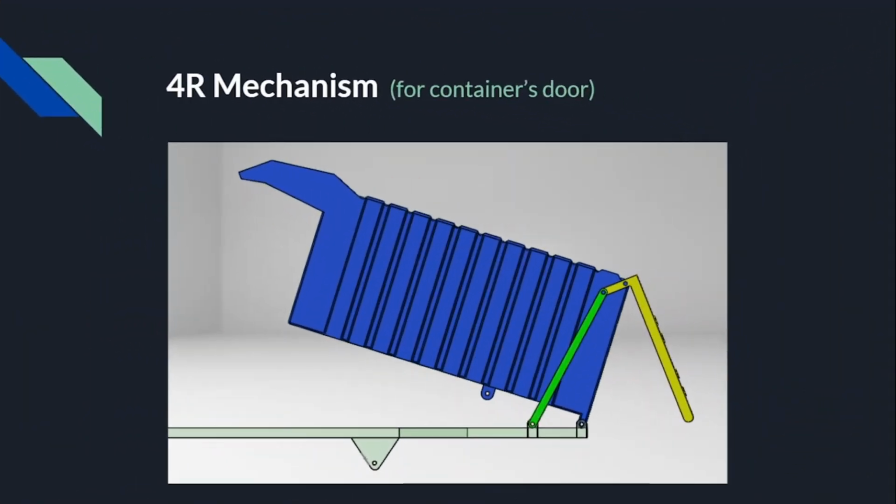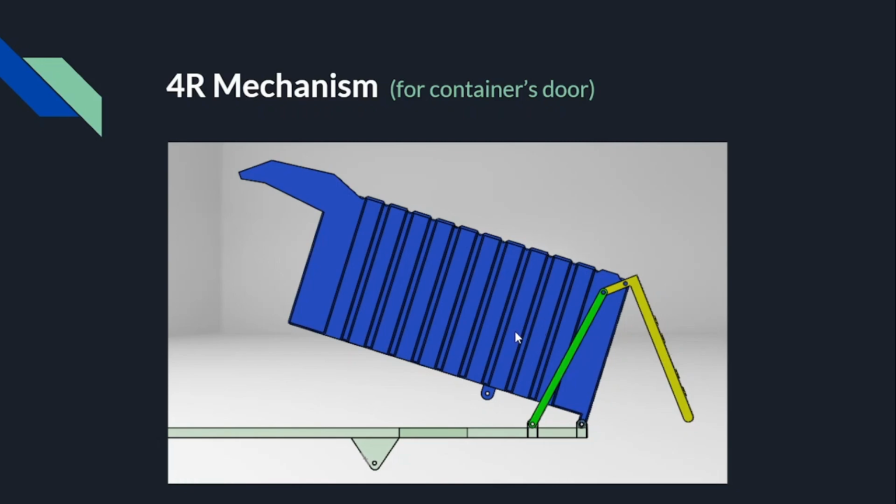As you can see here, this is the 4R mechanism that is involved in the opening and closing of the door. So let us look at the links that are involved in the 4R mechanism here. This is the ground link which is attached to the chassis. This is the door.